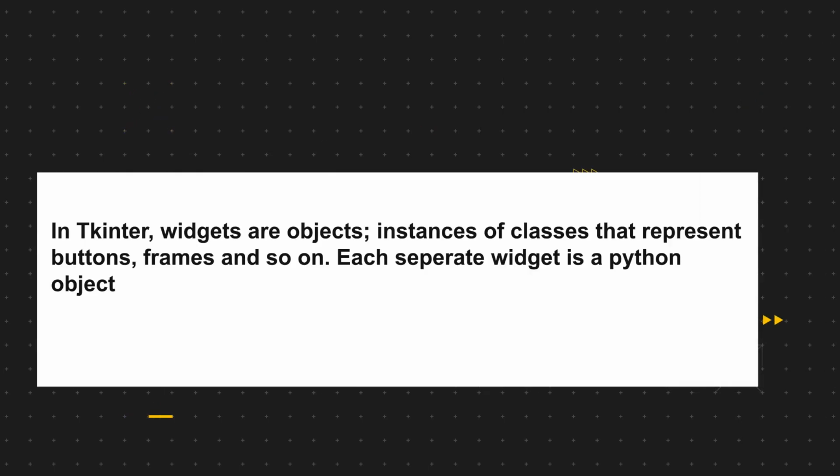Now in Tkinter, widgets are objects. They are instances of classes. And objects are simply replications of real life objects, or real life items, such as buttons. We have buttons in real life, so we have button objects in Tkinter. Or frames, all those things.